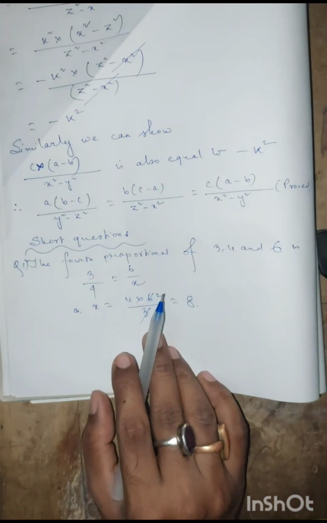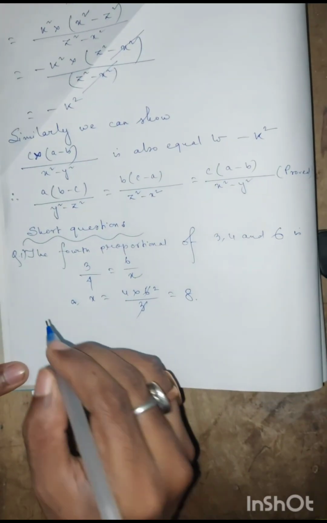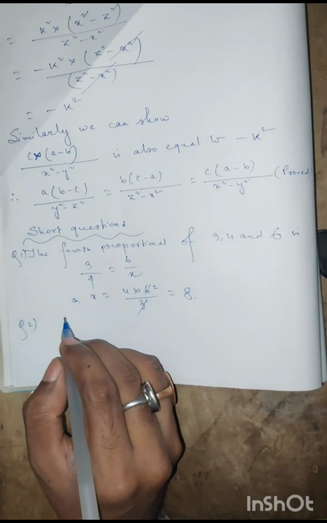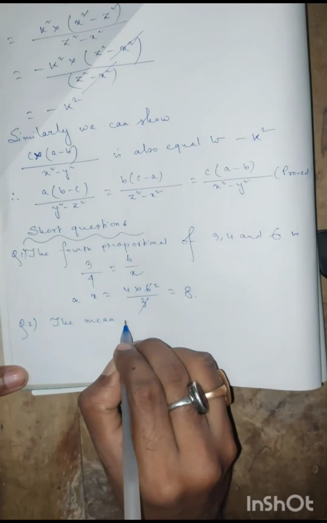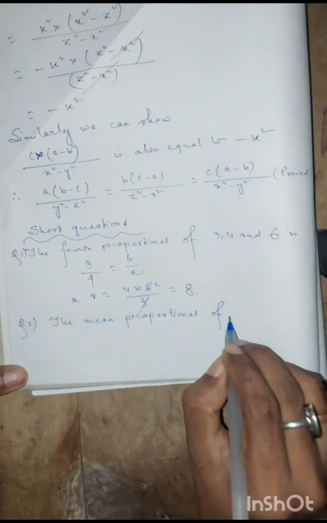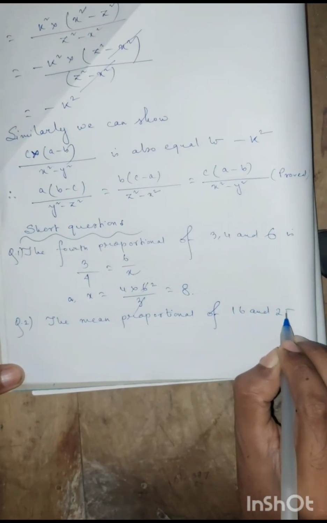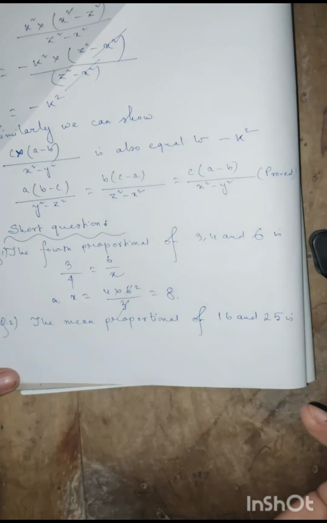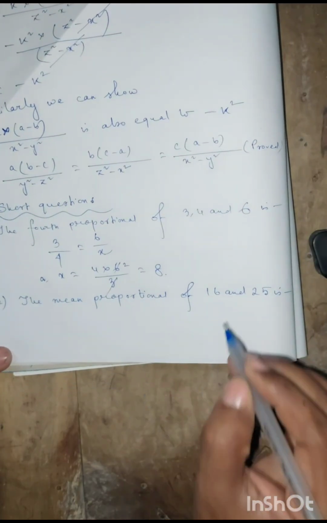Now second question. The mean proportional of 16 and 25 is, so let the mean proportional be x.